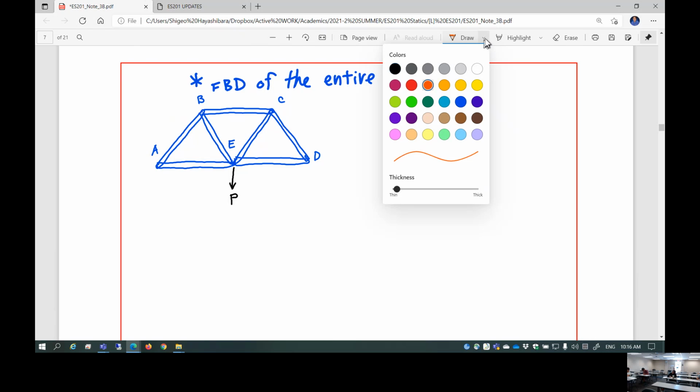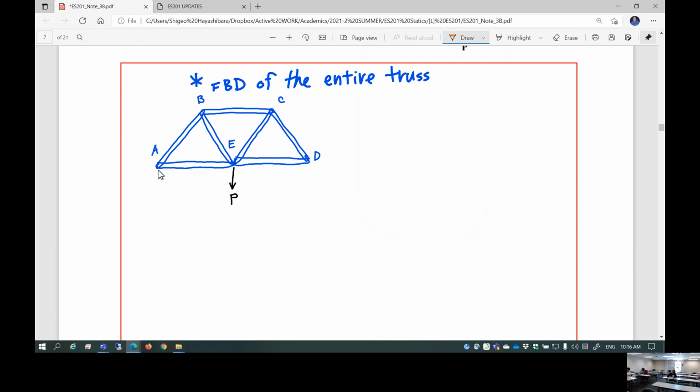And then, of course, you're going to find the support reactions. This is a pin support, so you have support reaction AY, support reaction AX, and support reaction here, DY.